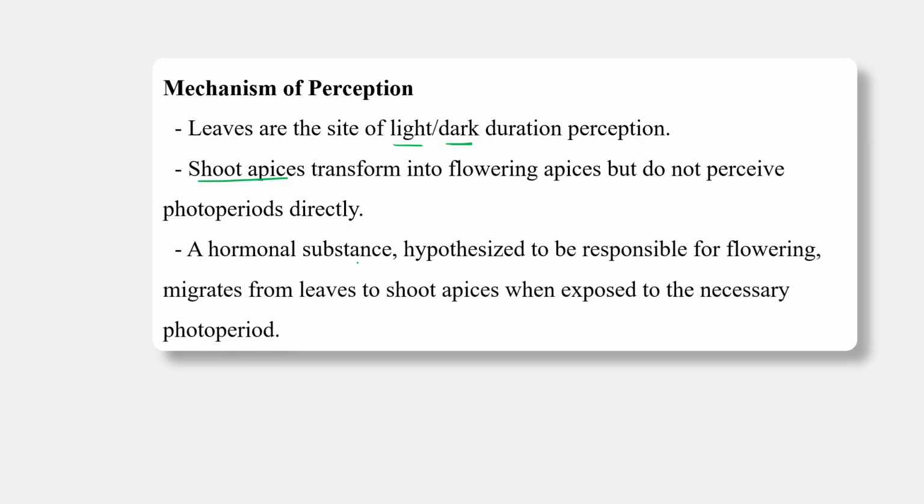A hormonal substance is hypothesized to be responsible for flowering. Okay, it actually migrates from the leaf to the shoot apex when exposed to the necessary photoperiod.